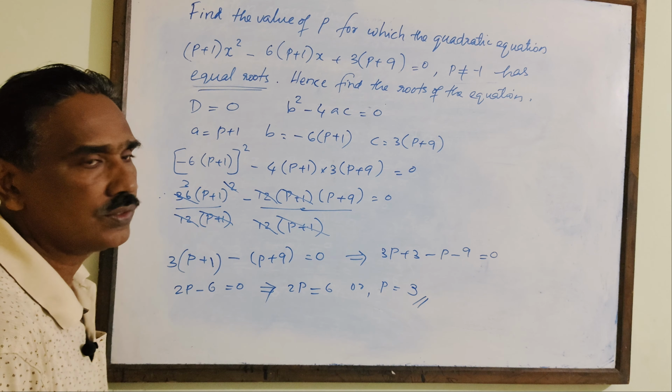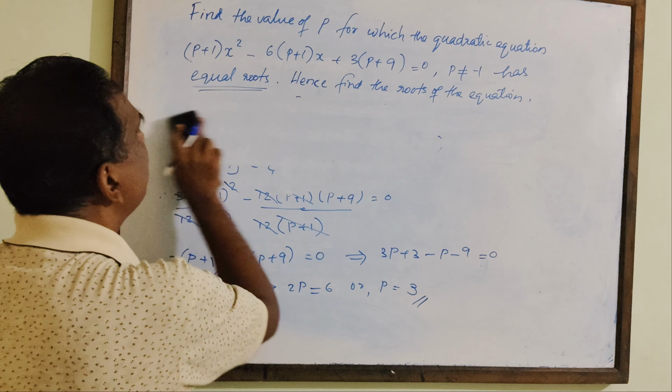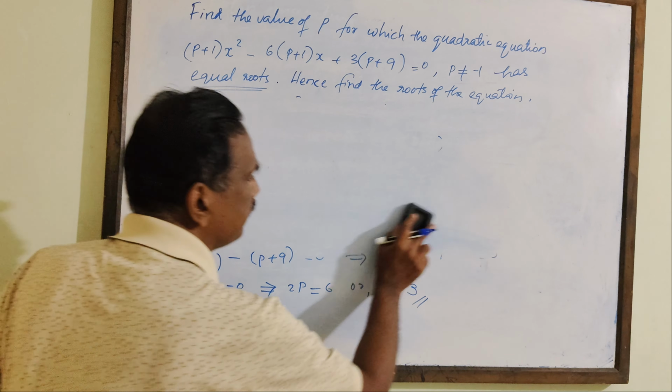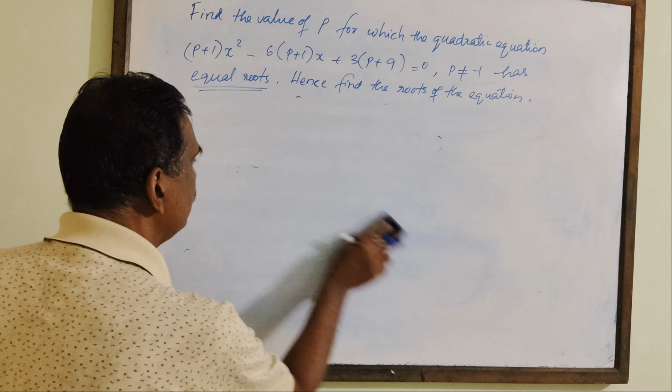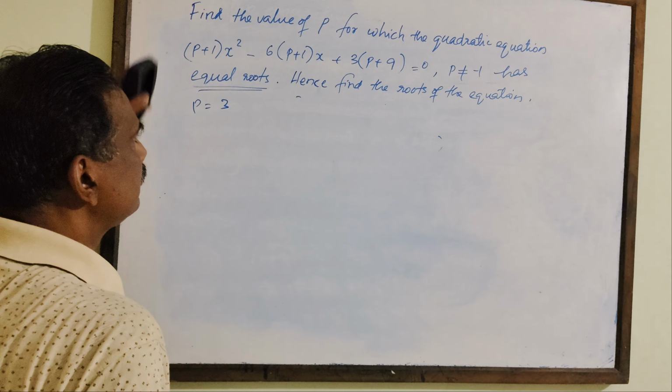So you got p is equal to 3. Now this value you have to apply in the equation and find the value of x.